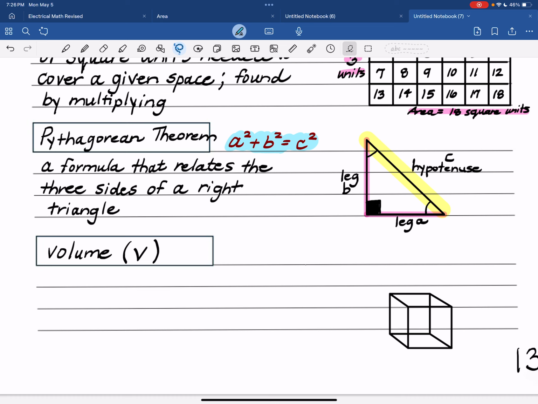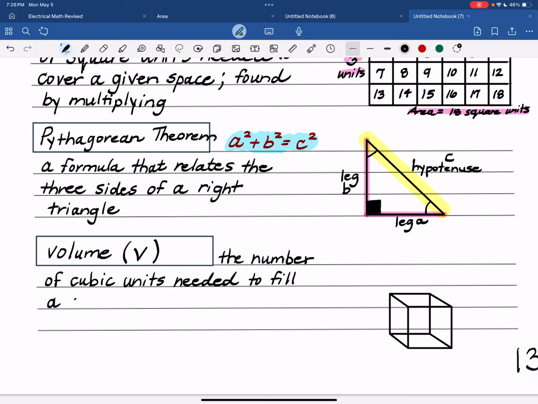And volume is marked with the capital V, and it's defined as the number of cubic units needed to fill a space, let's say a three-dimensional shape, three-dimensional space, to capacity.